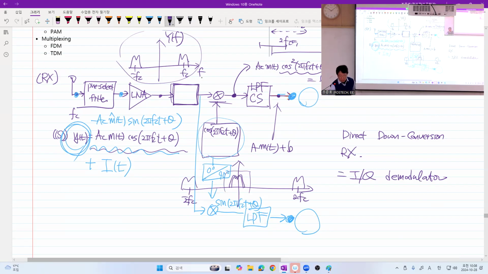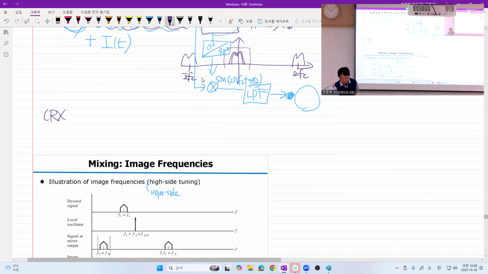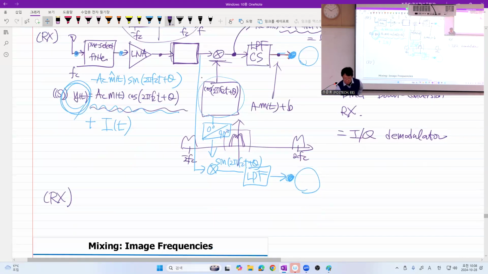But this filter really is required in the multi-stage receiver. So again, let's assume that the desired signal has very high frequency compared to your technology's cost or implementation easiness. Then probably what you do is amplify the signal, down convert to an intermediate frequency, and then down convert again. So you have something like this.